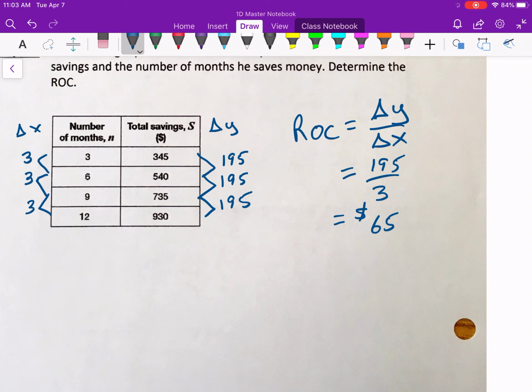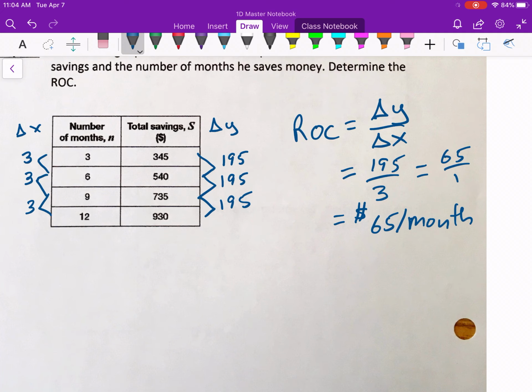So that's $65 per 1 month. Obviously, 195 divided by 3 equals 65. But if I think of it just as a reduced fraction, that would still be 65/1. So that's telling me $65 over 1 month.